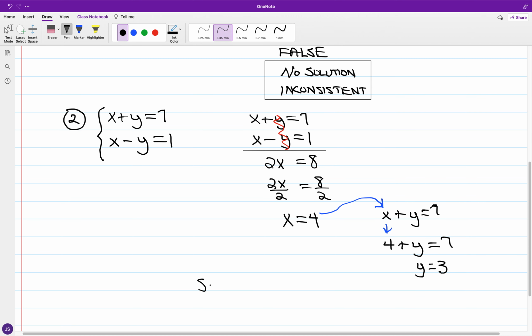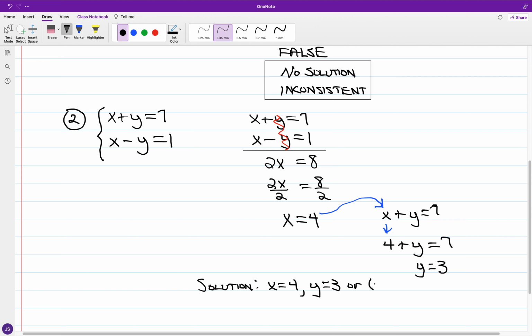So for the solution, itemizing what we have for x and y, we had that y is 3 while x is 4.